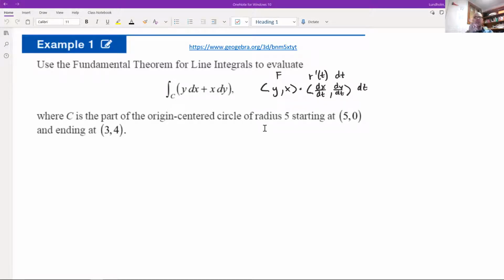If we keep going on this, though, and use the fundamental theorem of line integrals, what we would need to do is recognize that this vector y and x is the gradient of some function f. And we need to figure out what that function f actually is.